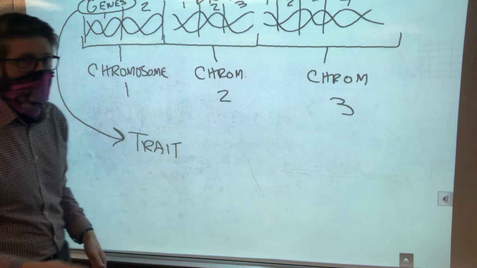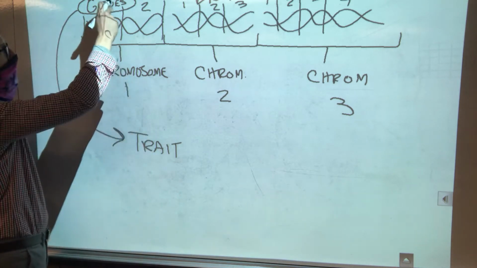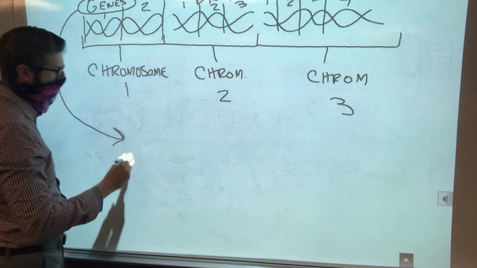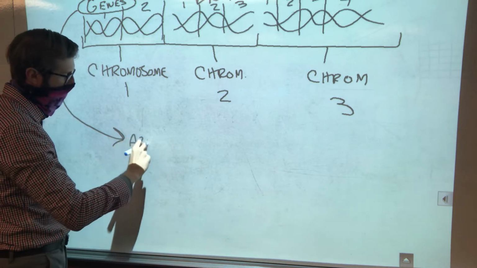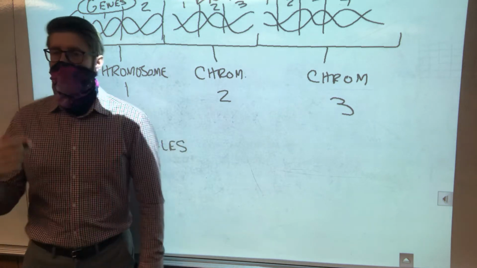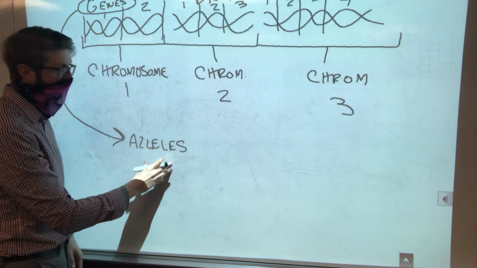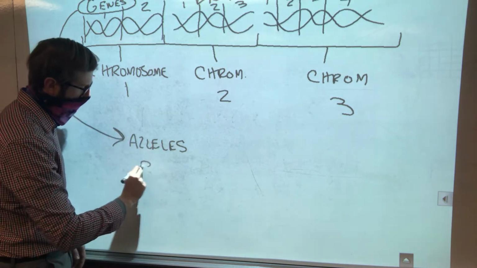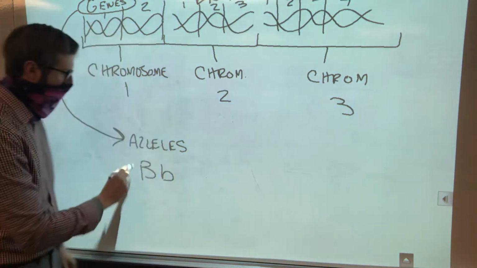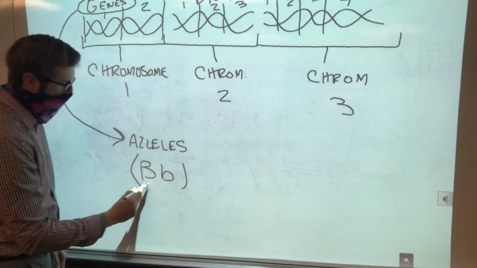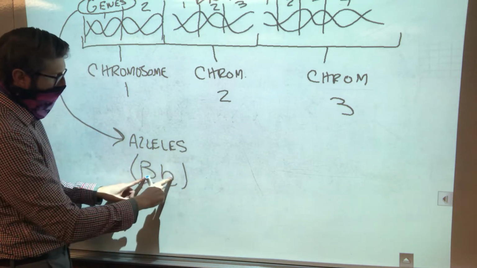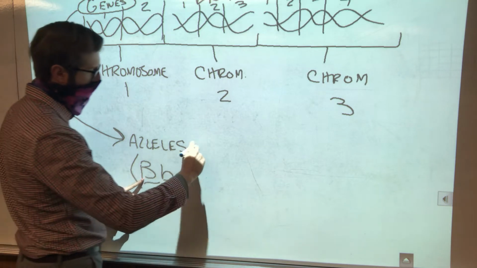How does it control traits? Well, inside of these genes, I'm actually going to erase trait because there's a step in between there. Genes contain these things called alleles. Okay, now the alleles are the letters that I was talking about, like big B for brown hair, little b for blonde hair, okay? That's an example of alleles. And every trait has 2 alleles, okay?